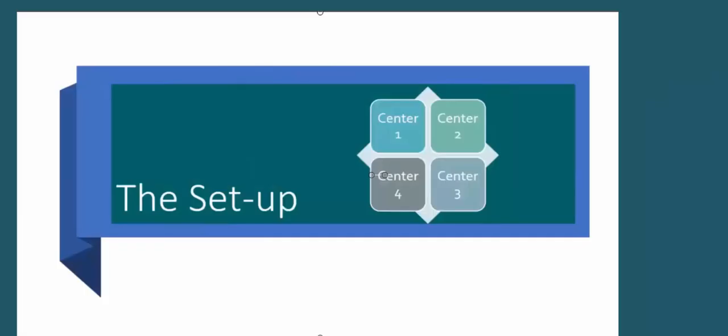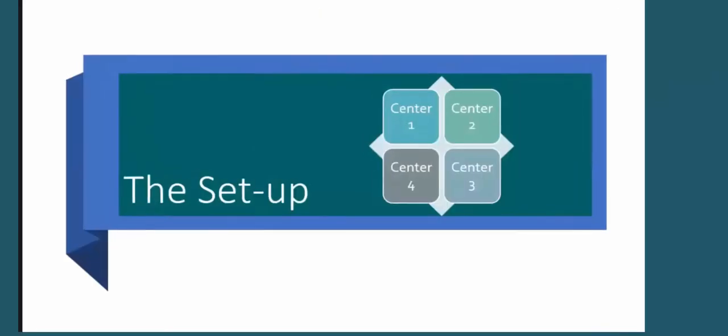For the purposes of explaining this a little more, I'm going to assume you have 4 centers and 4 groups of 4 students. Now, you may have many more students than that. Just to explain it, we're going to imagine that there are 16 students in your class and that you have grouped them in groups of 4.